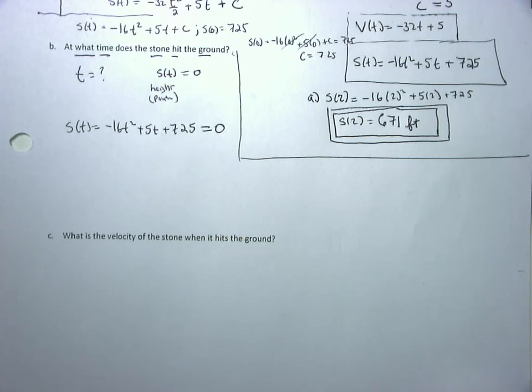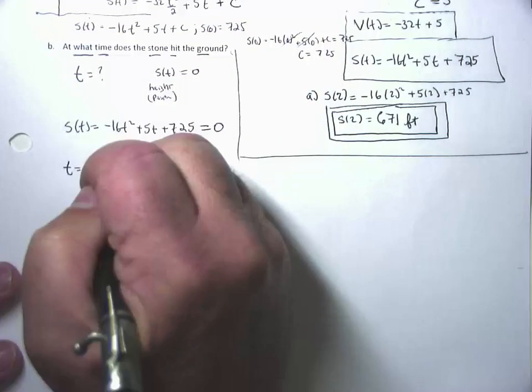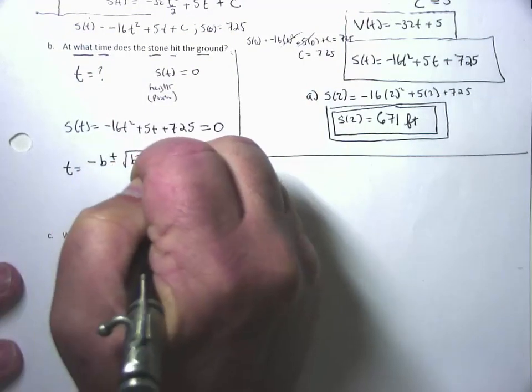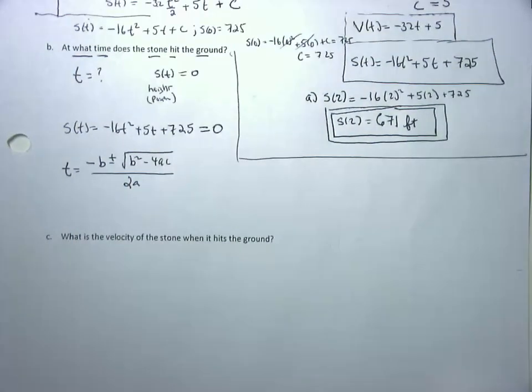Well, I don't think it's going to factor. Well, don't worry. If it doesn't factor, what do we have in our arsenals from high school or junior high school, actually? The quadratic formula. Solving for it, t equals, remember your formula, sing along if you know it, negative b plus or minus the square root of b squared minus 4ac all over 2a. Just to remind you, this is a WebWork problem, so enjoy.